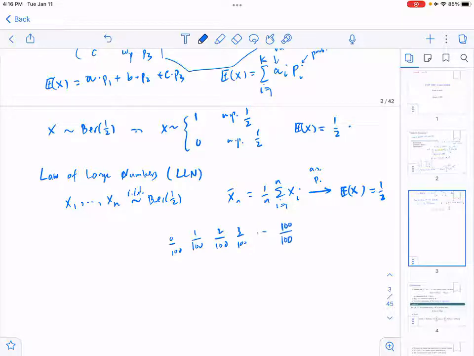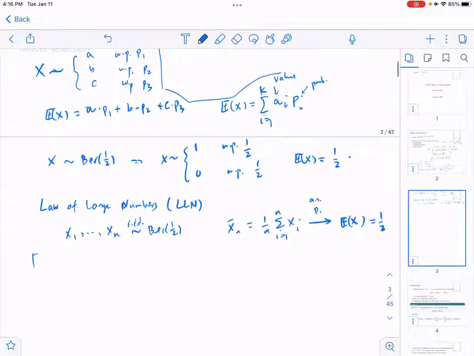So you can get fractional numbers, in particular 50 over 100. In general, you don't get exactly 1/2, but you get something close. And the law of large numbers says that as n grows, with high probability, or probability 1, the sequence approaches 1/2. This is the meaning of the expected value. This is sometimes called the frequentist interpretation of probability.